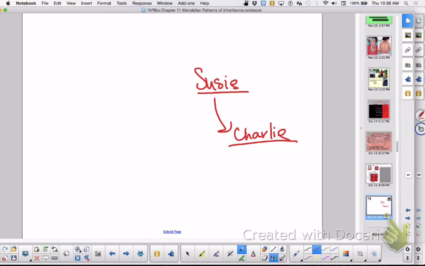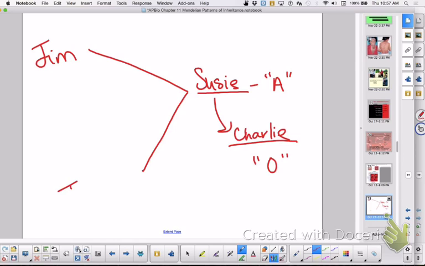Let's say Susie's blood type is type A, and Charlie's blood type is type O. Susie was making some choices, and she had sex with both Jim and John. Now, Jim has type B blood, and John has type AB blood.